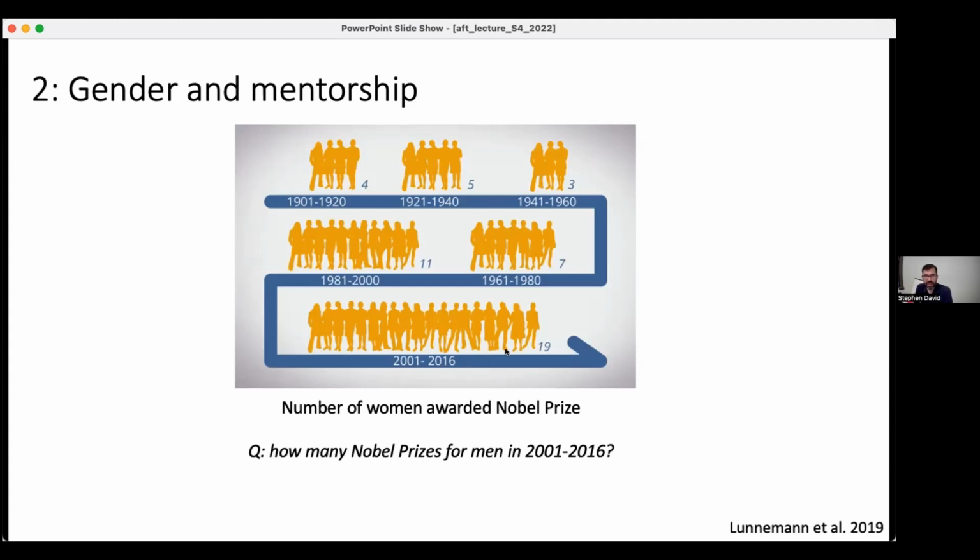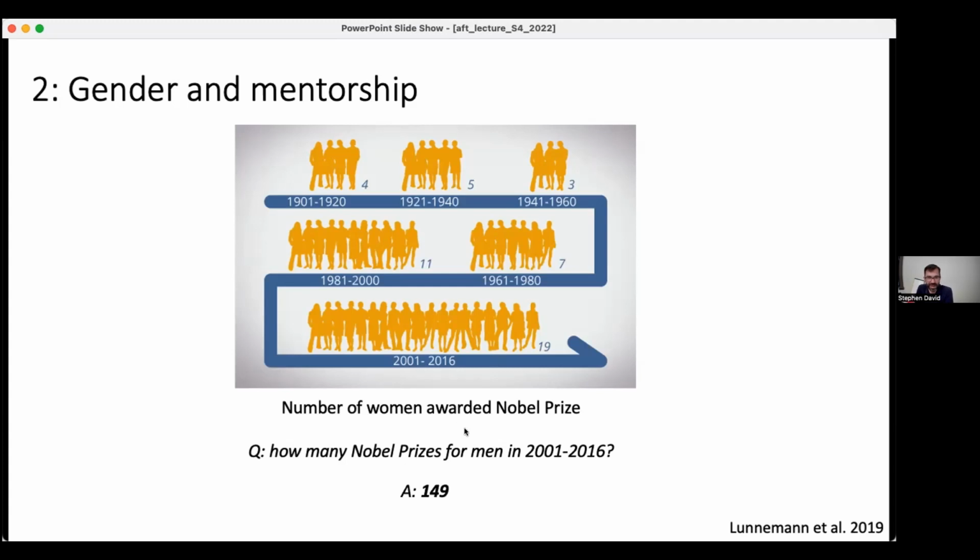So 19 women got the Nobel Prize since 2001. The question, how many men got the Nobel Prize in that same amount of time? I don't know if anyone wants to guess, if anyone knows. Many. There we go. Yes, indeed.